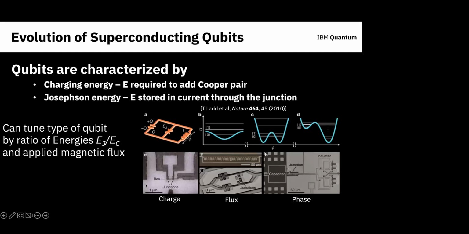So the first one that was done is the charge qubit. Here, the good quantum number is the charge, and that's either there is or isn't an extra Cooper pair on this little tiny island, called a box here, separated by two junctions.